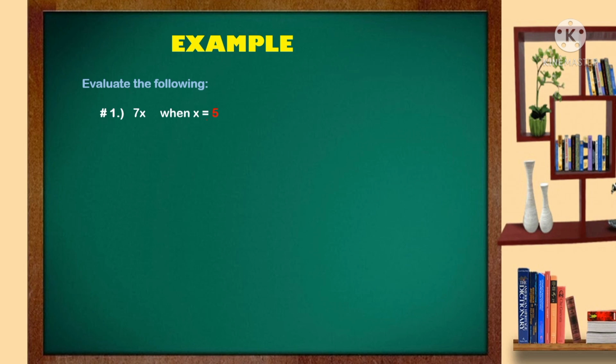Take note that our variables are given. All you have to do is copy the 7 and substitute the value of our x, which is 5. Always remember that when the coefficient and the variable are in the same term, it simply means you have to multiply. So 7 times 5 gives us an answer of 35.